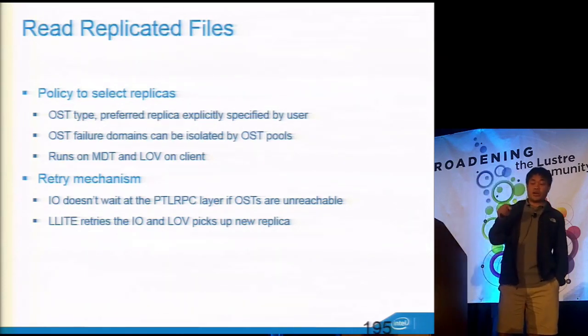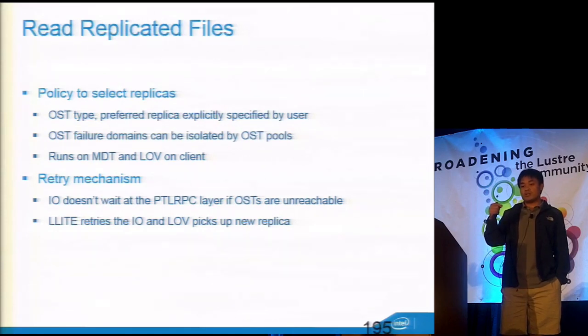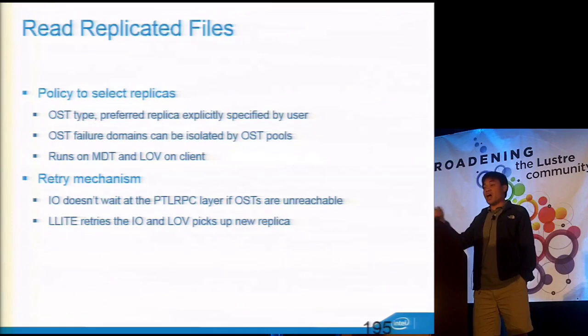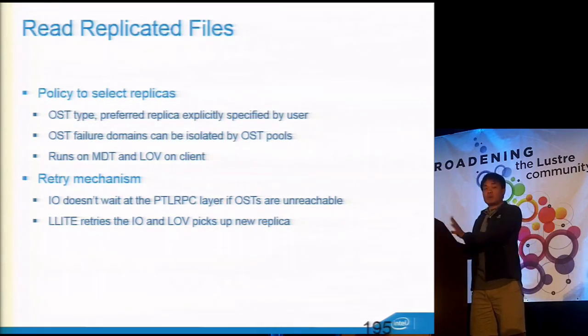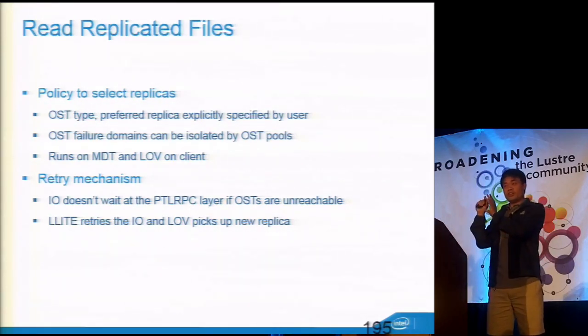So you can create different OST pools by topology information. For example, you can create one for OSTs in one server, and you can create another one in one rack, and you can create the third one behind the same switch. So basically, you have to isolate the failure, right?